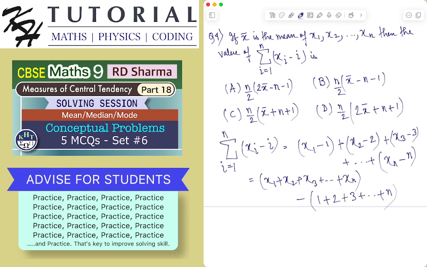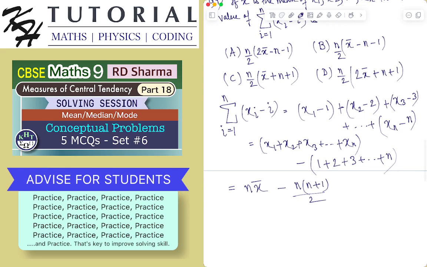Now x1 plus x2 up to xn is the sum of the numbers whose mean is given to be x bar. So I know this will be n into x bar, and I have minus the sum of 1 plus 2 plus 3 up to n. It is the sum of the first n natural numbers, and I already said its value is n into n plus 1 by 2.